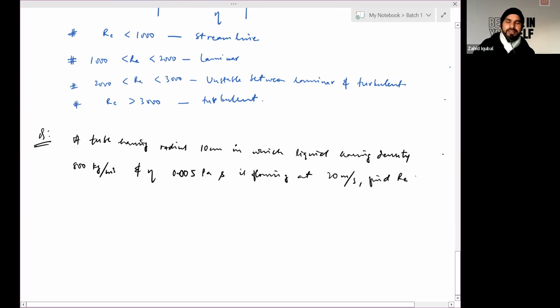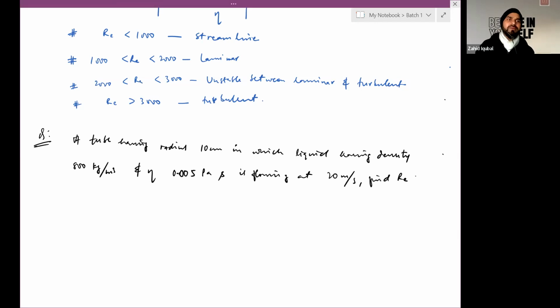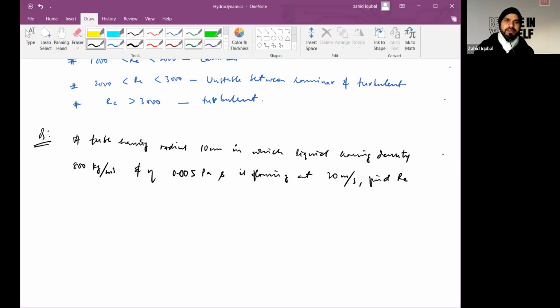Find the Reynolds number and define its type of flow. Try to solve.